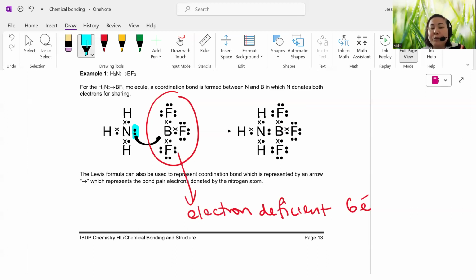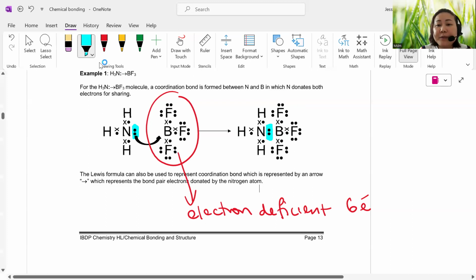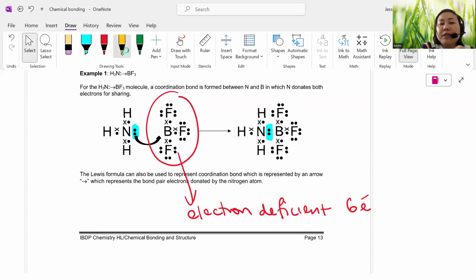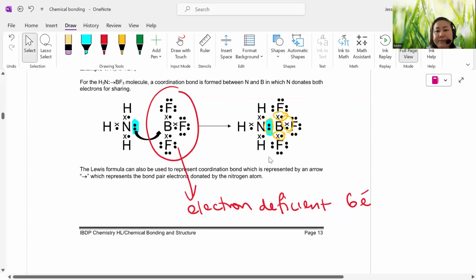So ammonia, with the lone pair on the nitrogen, will donate that pair of electrons to BF3, and between them, they will form a coordination covalent bond, which makes BF3 more stable. So you can find that after bonding, they form this compound, NH3BF3, and if you look around boron after the coordination bond is formed, you will find that it now has a stable octet configuration of 8 electrons.